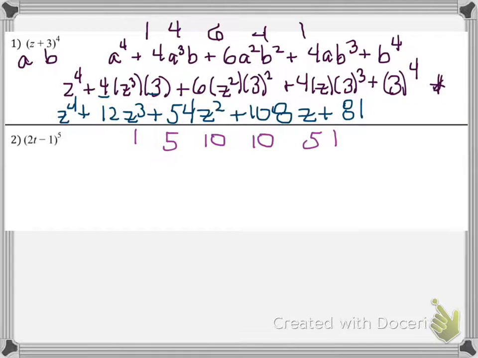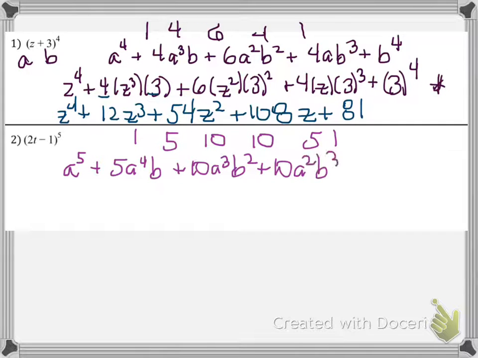And we're in the 5th row, so we're looking at substituting a to the 5th plus 5a to the 4th b plus 10a cubed b squared plus 10a squared b cubed plus 5ab to the 4th plus b to the 5th. So we have our a and our b, and we substitute it in.